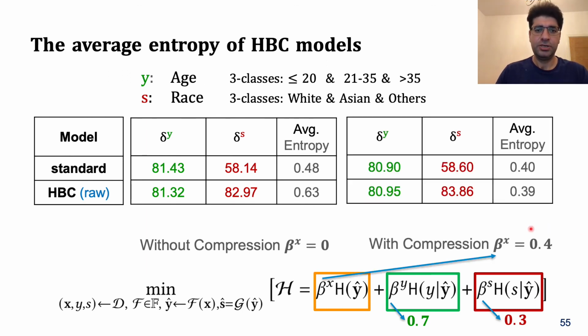However, if we use the compression component, we can reduce the average entropy of an HPC classifier to become as close as possible to the average entropy of a standard classifier. This helps us to make distinguishing between a standard and HPC models even harder.